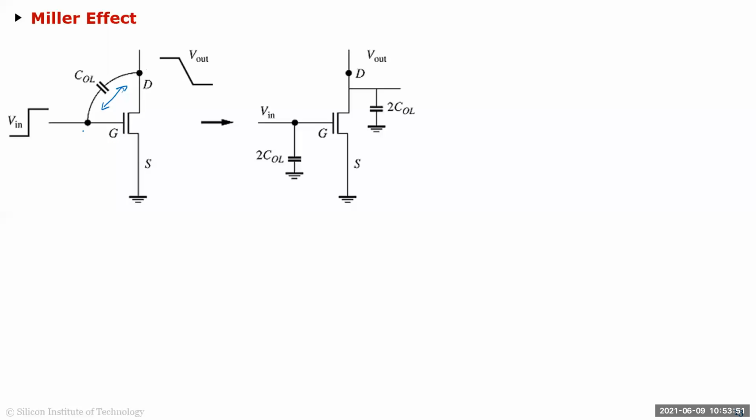So if I have to find out for the reference node, now in a gate, especially in a digital gate like an inverter, whenever this is going high to low, this is going low to high, and the opposite, right? So because of that, this capacitor can be approximated as two capacitors, one capacitor from input to ground, a value of 2 COL, whatever was this overlap cap, 2 times of that, and one cap from output to ground as 2 COL.